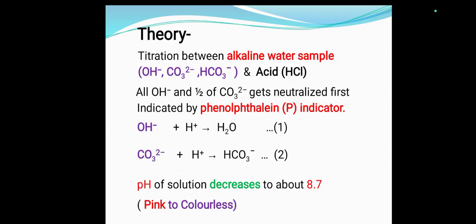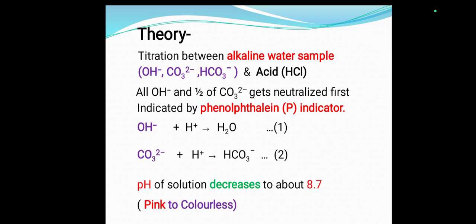That is why half. At that time the pH of the solution decreases to 8.7. The pH value decreases because we are reacting alkalis with acid, and in a neutralization reaction basicity decreases, so pH also decreases.